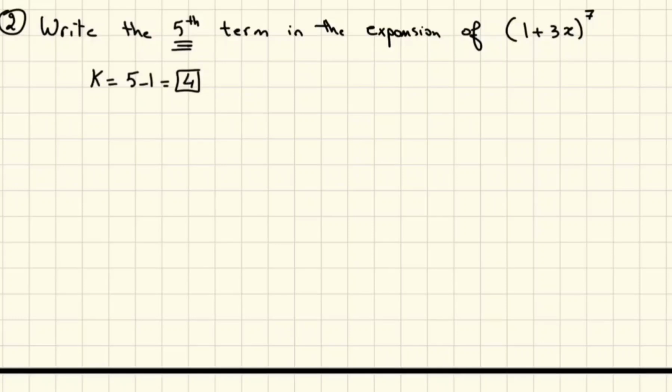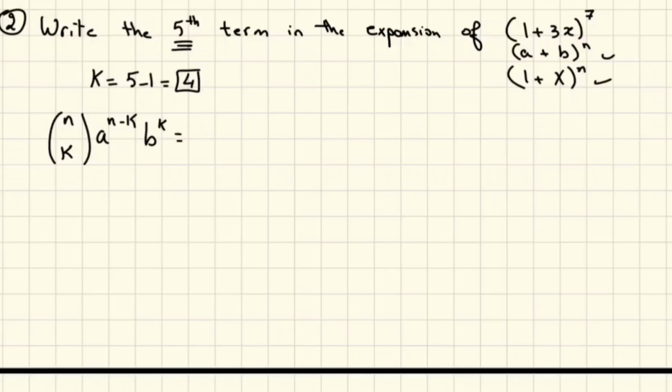Now I look at this, it looks like (a plus b) exponent n, or some of you are going to see it as (1 plus big X) exponent n, and both are correct. You can use both. Now, if you're using (a plus b) exponent n, you're going to apply the general rule of it: nCk, a exponent n minus k, b exponent k.